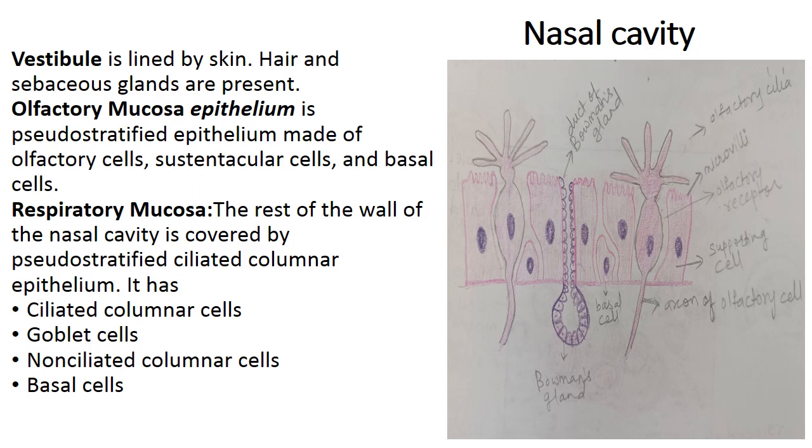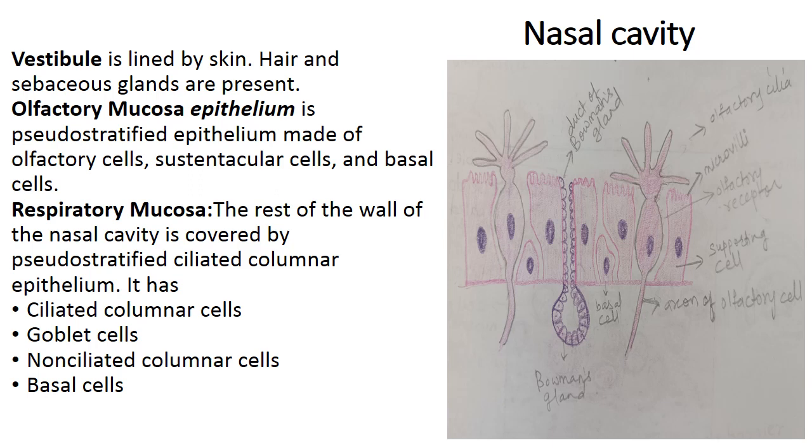Then the third portion of nasal cavity is respiratory mucosa. The rest of the nasal cavity is covered by again pseudo-stratified ciliated columnar epithelium and it has four types of cells. Ciliated cells are columnar with cilia and they are most abundant.